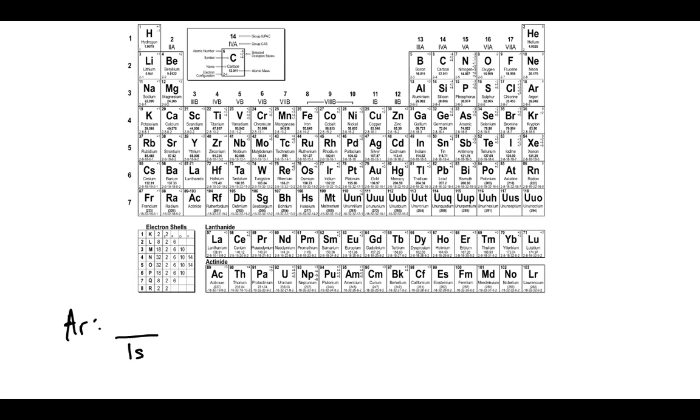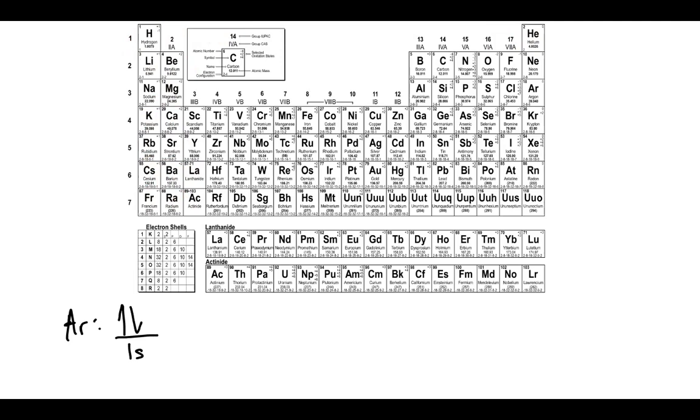So the first one we fill, of course, is for period 1, that's energy level 1, and hydrogen and helium both belong to the S block, which is these two. So the first orbital we fill is 1s, and Pauli says the two electrons in the 1s orbital have opposite spins.